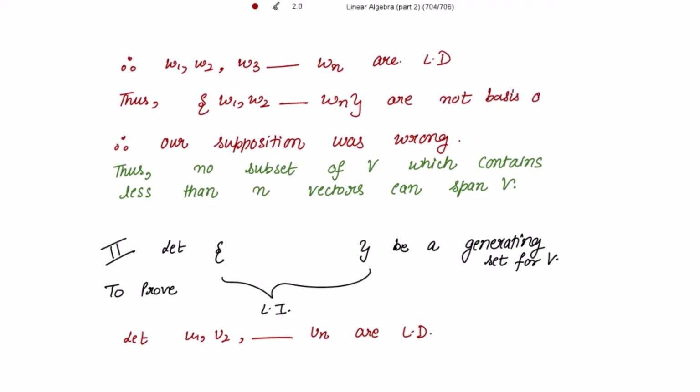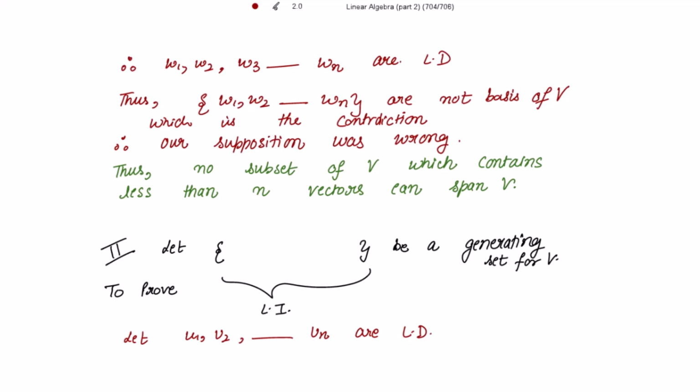bases of V, because for a basis of V, we must have the vectors to be linearly independent. So this is a contradiction, because it is given to us that the dimension of V is n, so it must have n basis vectors.